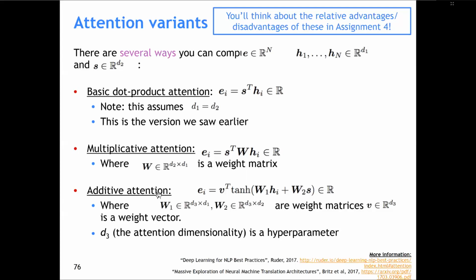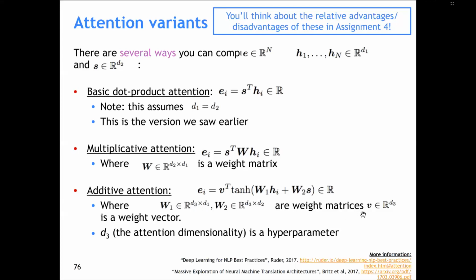And also it can be additive, right? So W1, W2 basically transform these dimensions into the same dimension so they can be summed together. And after that, you do an inner product.